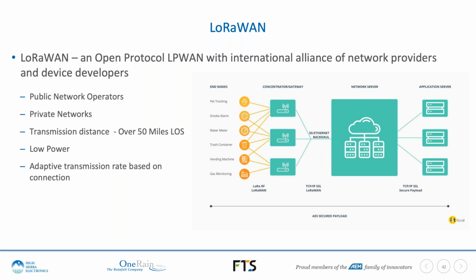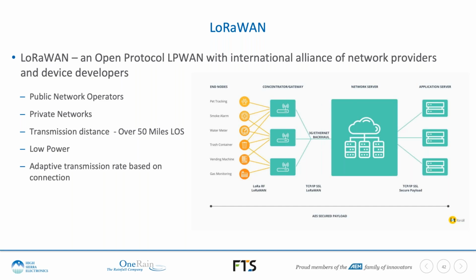It's an open protocol, and there's an international alliance, the LoRaWAN Alliance, that kind of oversees the protocol, and it's a network of providers and device developers. There are some public networks being installed, so it's somewhat like a cell network in that the gateways are out there installed by a third party, and you're just installing gauge sites, or you might be installing a private network where you're installing your own networks.